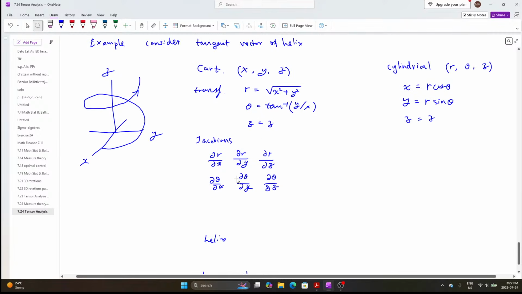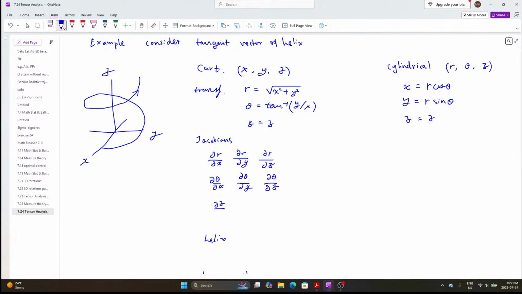For r and theta, you just add an extra dimension: dz over dx, dz over dy, dz over dz.